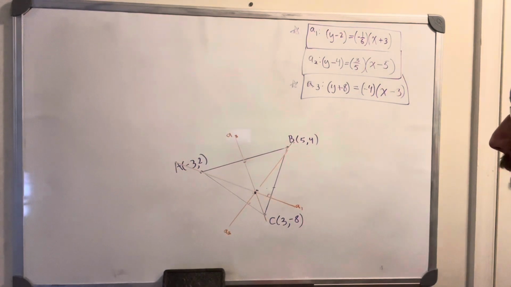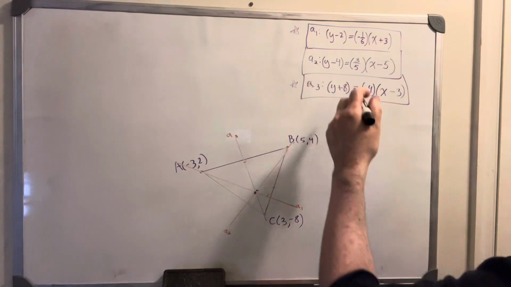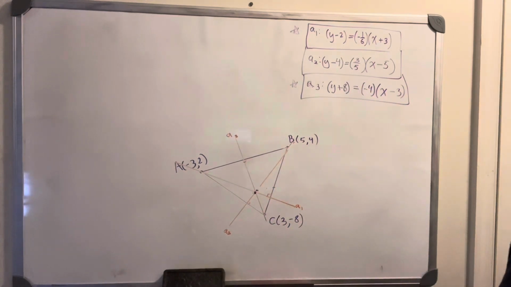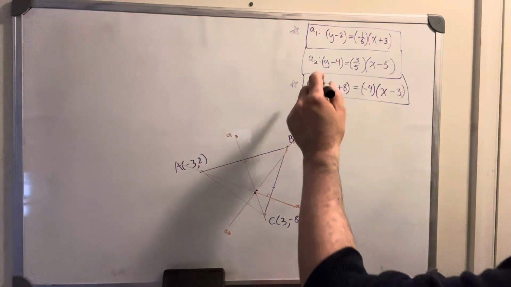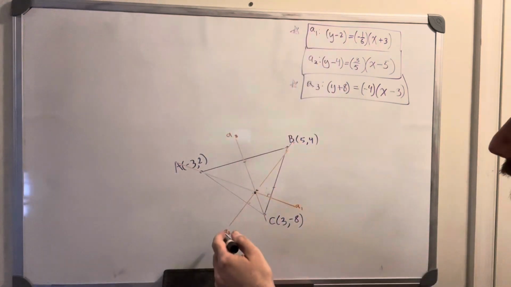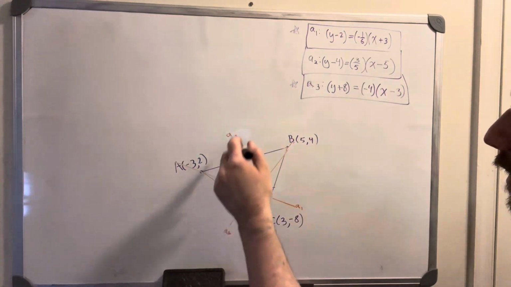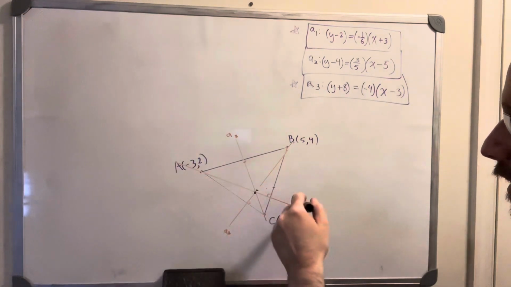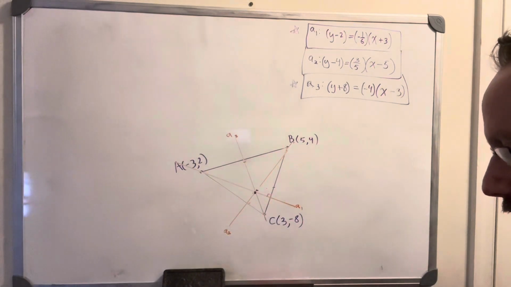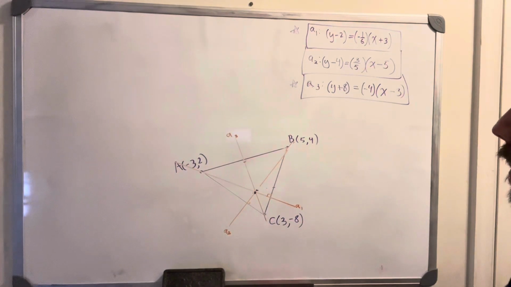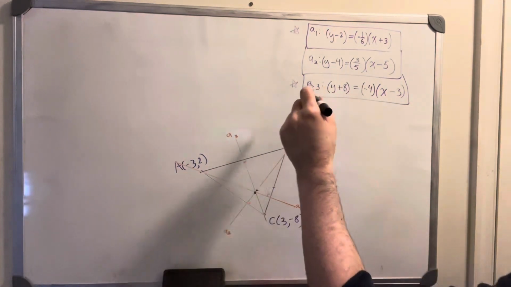We have 3, so we can pick any 2 of these to solve for the 2 unknown variables. You can choose which ones you want. I've chosen this one, A1, and this one, A3. I'm going to find out where these intersect. And the way I'm going to do it is I'm going to write these equations right here.